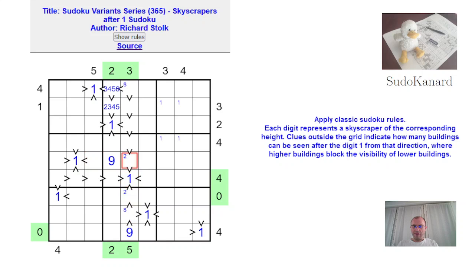Note that because of those 9s, 9 must appear somewhere in there. And here it wouldn't work because of this 3. We know that 1 must see 3 buildings. So 9 will never be here, 9 is here.